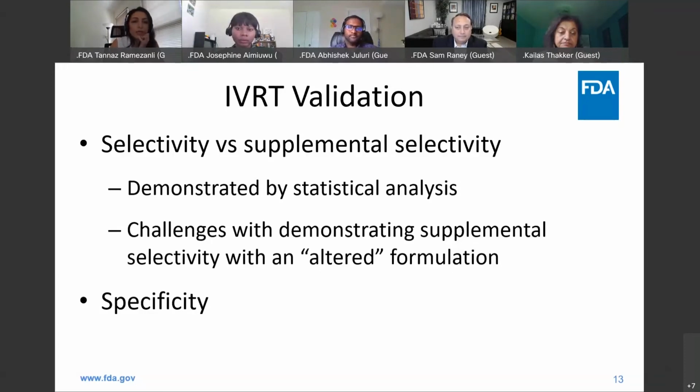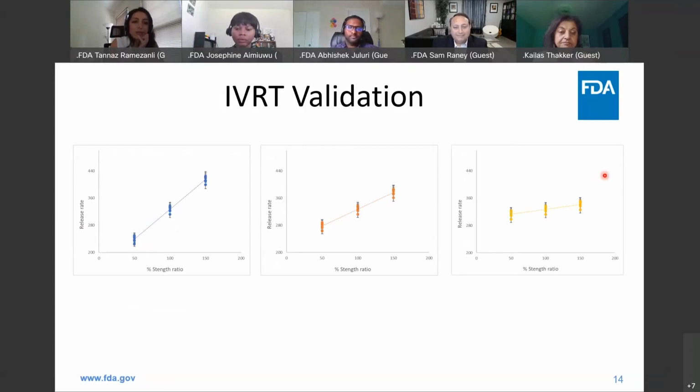If you go to the next slide, we have some examples of the specificity curve and the challenges with establishing selectivity in different situations. In the first example on the left, this is maybe an ideal situation where our nominal strength, 100%, is well discriminated from the higher strength and the lower strength.